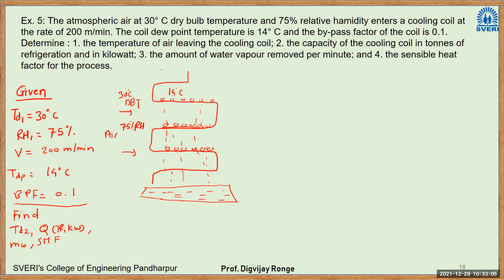Here, the bypass factor of this cooling coil, BPF, is given as 0.1, and the air is entering at 200 meter per minute. Again, some properties we have to calculate: the air temperature at the outlet, that is TD2; the capacity of the cooling coil, that is how much heat it can extract; the amount of water vapor removed per minute; and the sensible heat factor for the process.